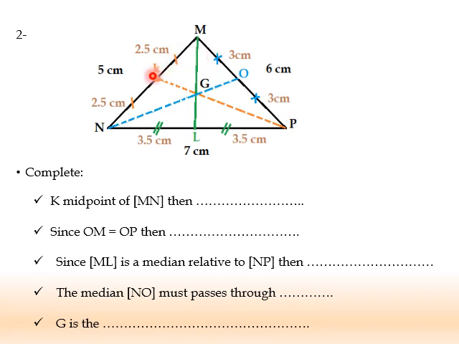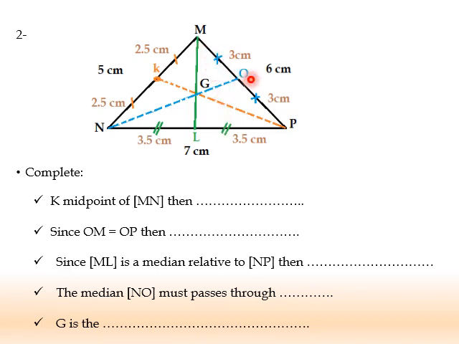Since MK equals KN equals 2.5, that means K is the midpoint of MN and PK is a median relative to MN. Similarly, NL equals LP, it's given, which is 3.5 centimeters. Then L is the midpoint of NP, and ML is the median relative to NP.